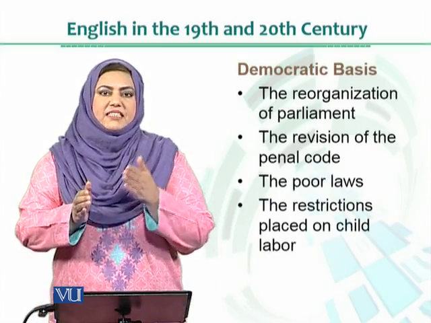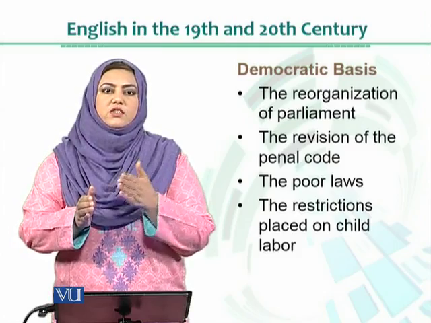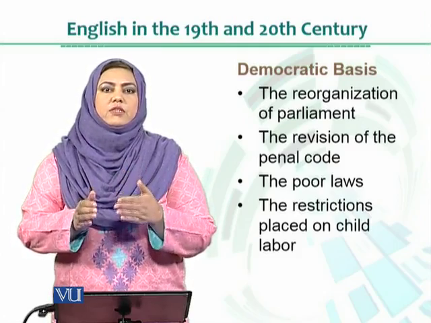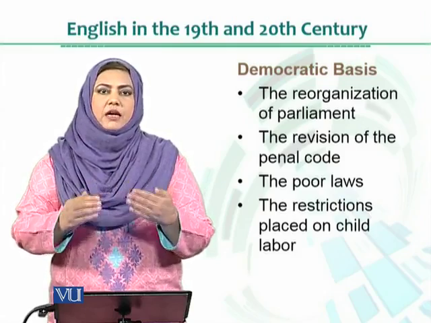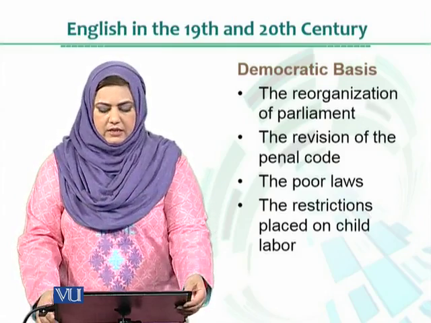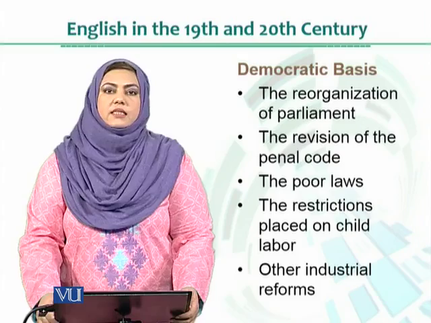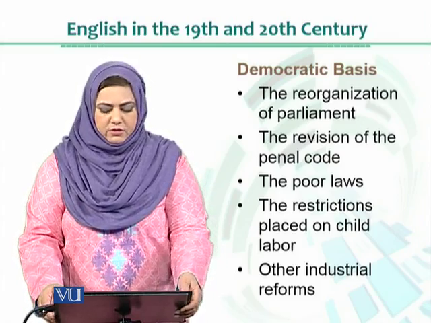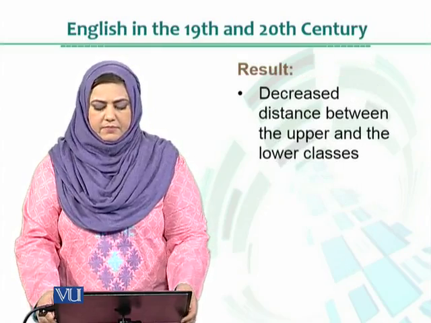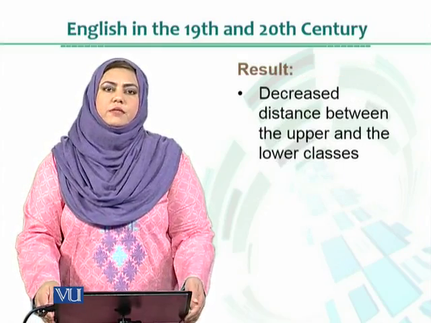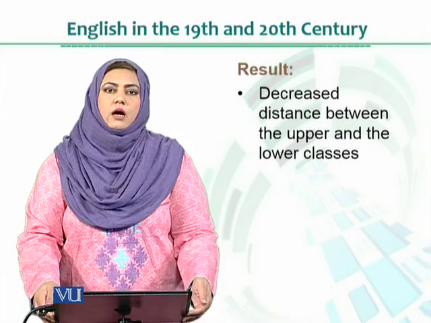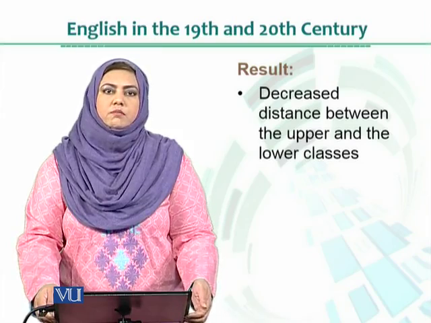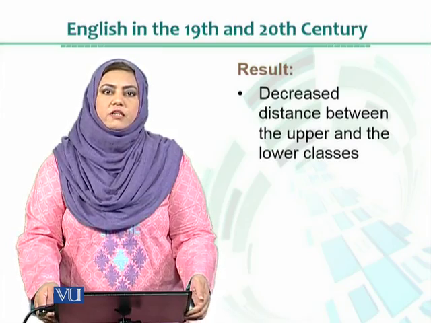So, step by step, gradually, through these two centuries, England was emerging as a more and more democratic country. There were other reforms that were taking place, especially with reference to industry. Now, what was the result of this process of reforms and the process of democratization?